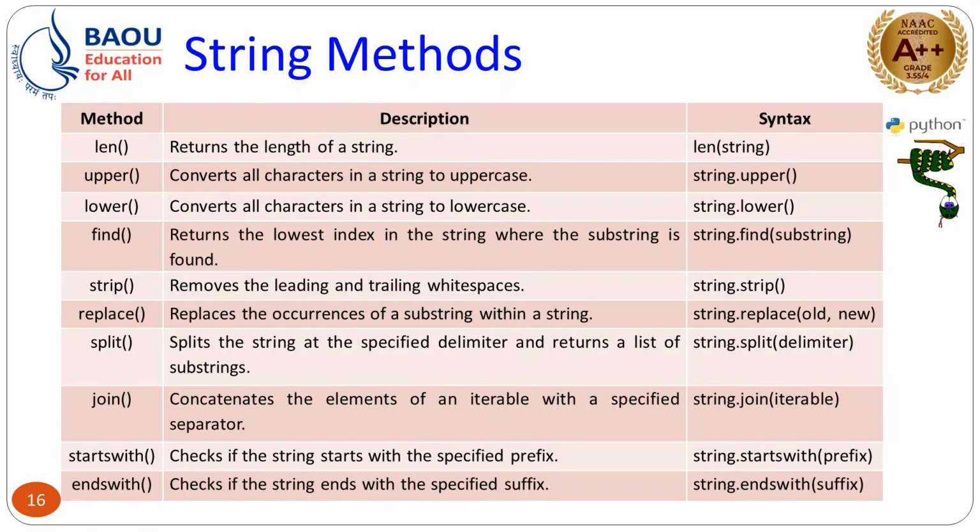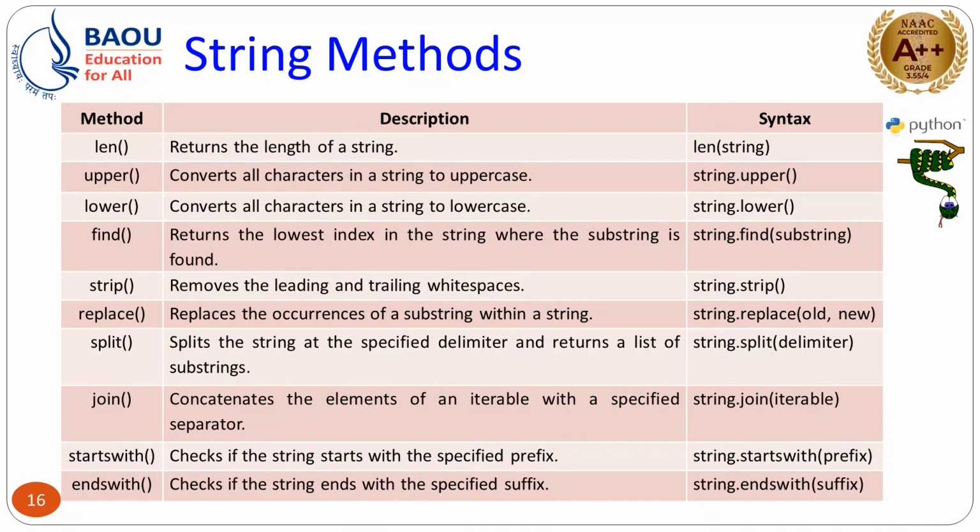Then replace: suppose you want to replace a particular substring with another substring, then you can use the replace function. Then split: whenever you use split, you can split with a space, or with a comma or semicolon, whatever delimiter you mention, and the string will be split into different substrings.